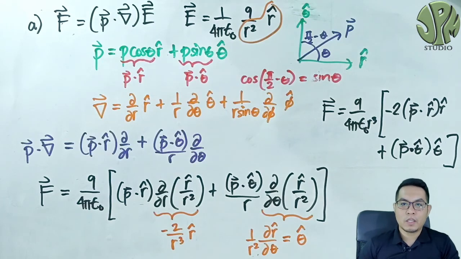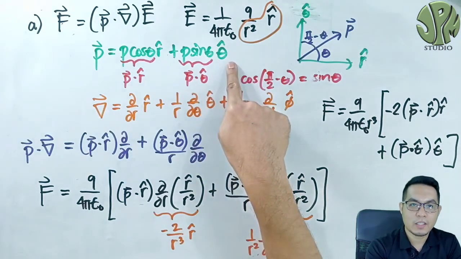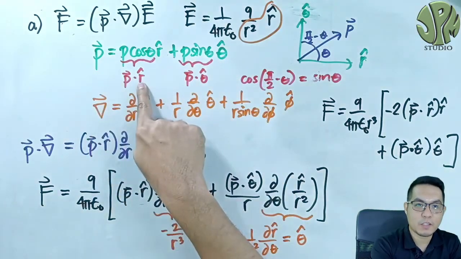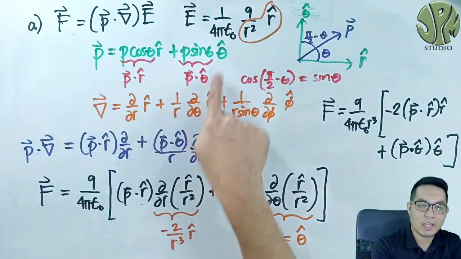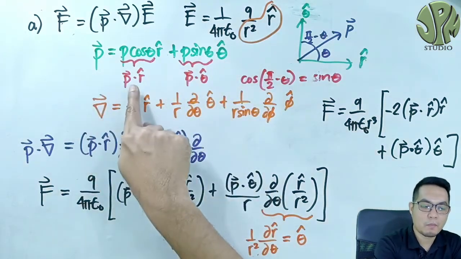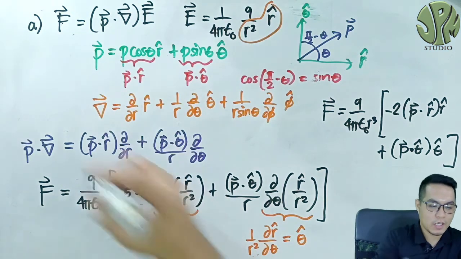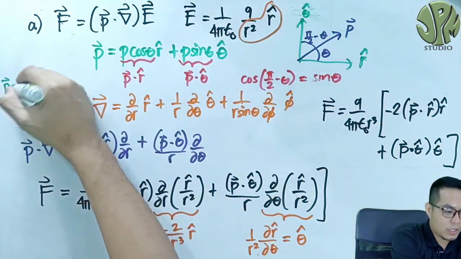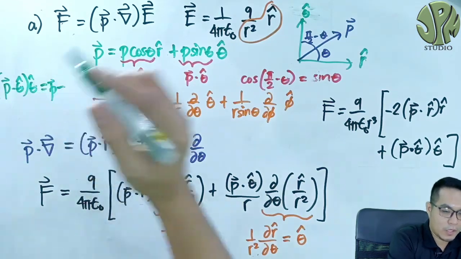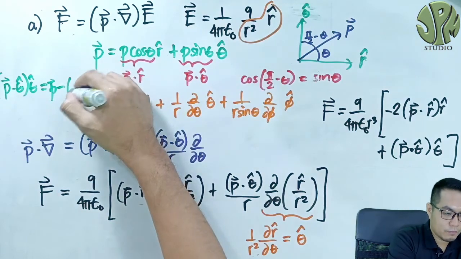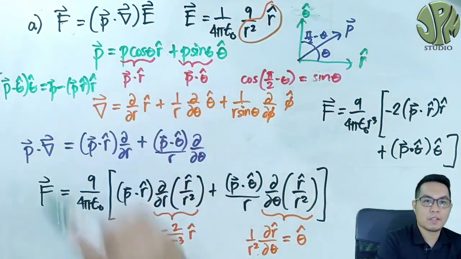Okay, so from here we see that p dot theta hat is actually just p minus p dot r hat, as you transpose to the other side of the equation.